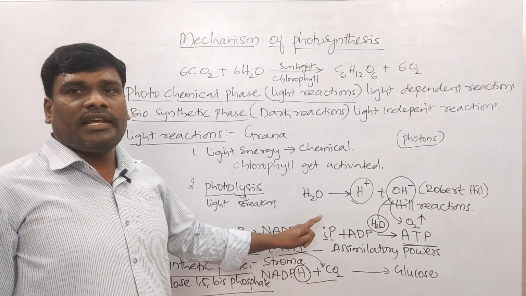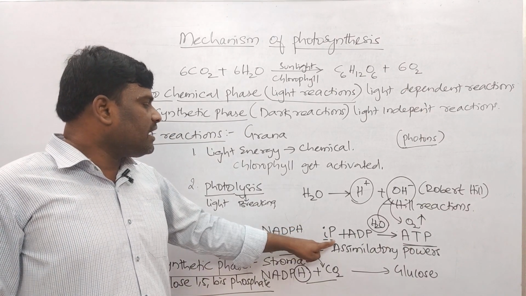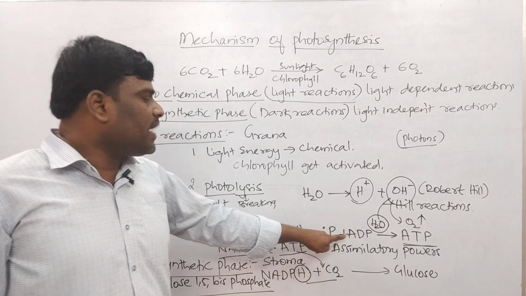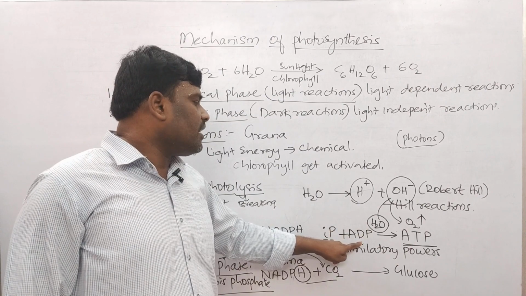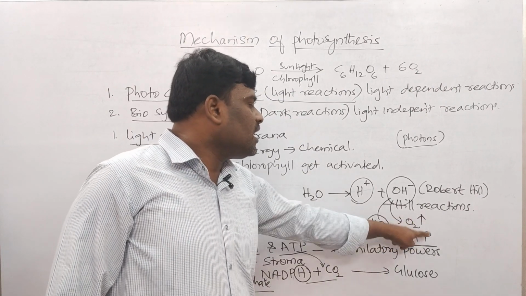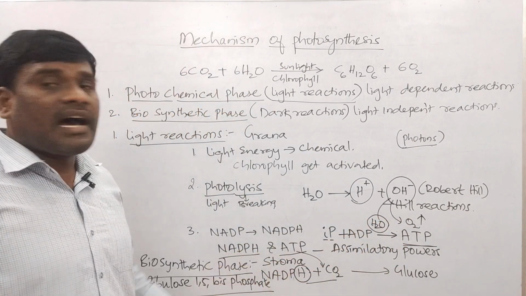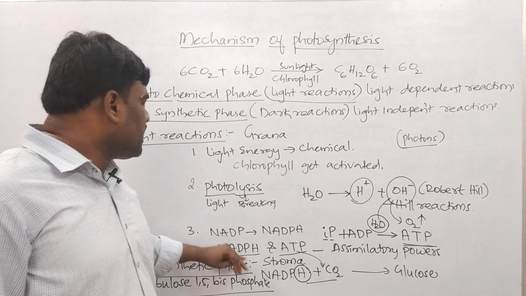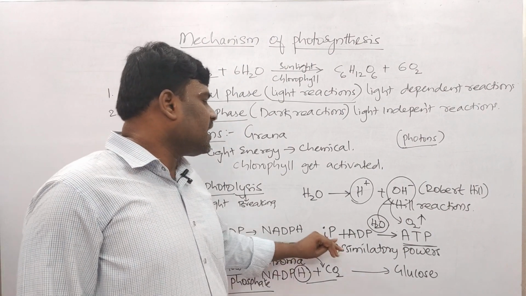And the reactive hydrogen ion, children, combines with NADP and converts into NADPH, and in this process energy is also released in the form of inorganic phosphate, and this inorganic phosphate combines with ADP and converts into ATP, and this ATP is used in the dark reaction, children. The end products of light reaction are NADPH as well as ATP.